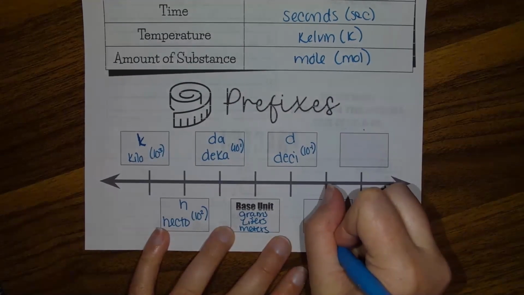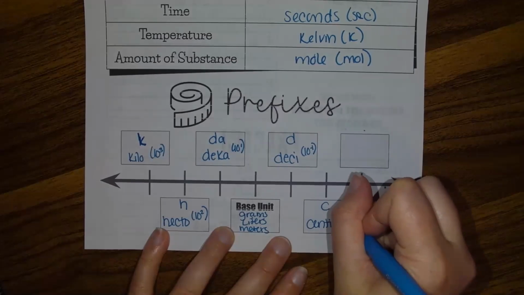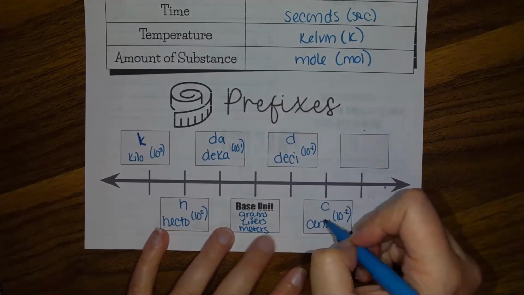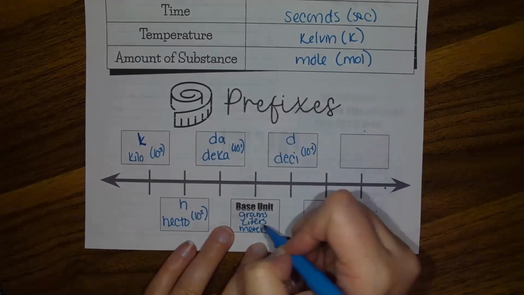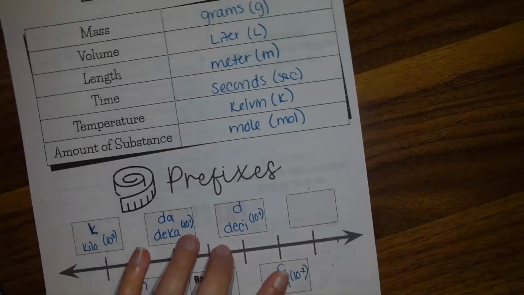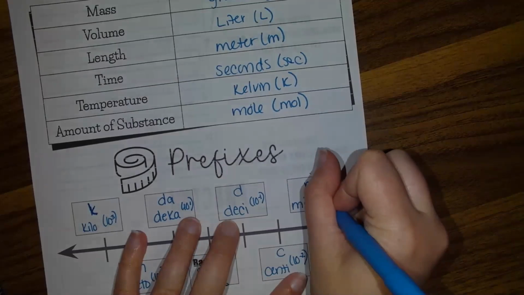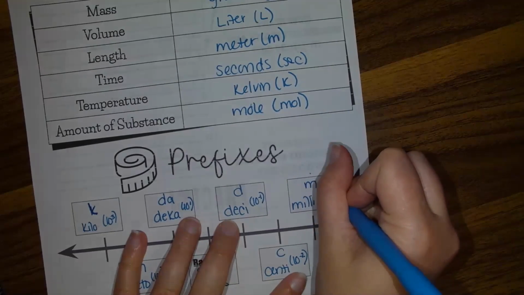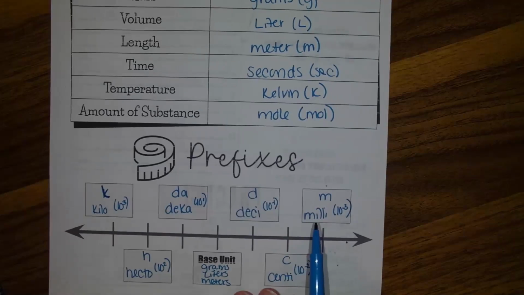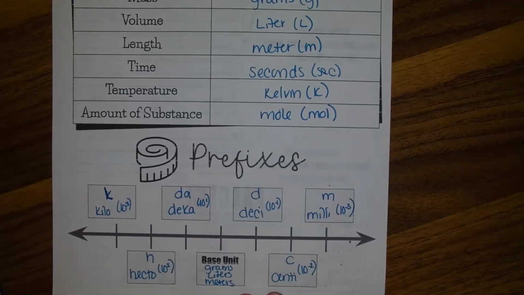C stands for centi, and that's 10 to the minus 2. So what does that mean? We have 100 centimeters in a meter. And the final one is milli, which is 10 to the minus 3. That means we have 1,000 millimeters in a meter.